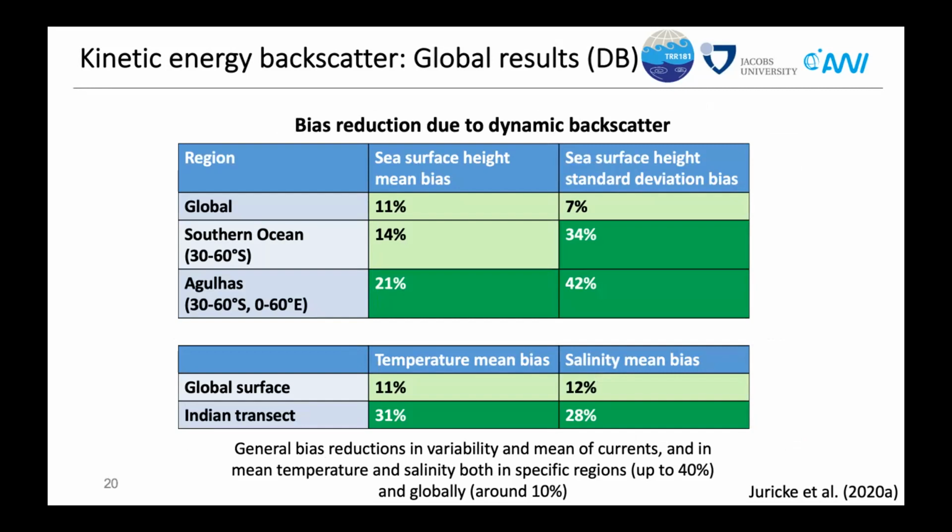And the nice thing is that, again going back to the talk two talks before, we are also able to reduce some of the temperature biases or salinity biases. You can see in the bottom that global surface temperature and salinity biases get reduced by something like 10% globally. In some regions, it's much stronger. For example, if you cut a transect through the Indian Ocean, the reduction can be up to 30%.